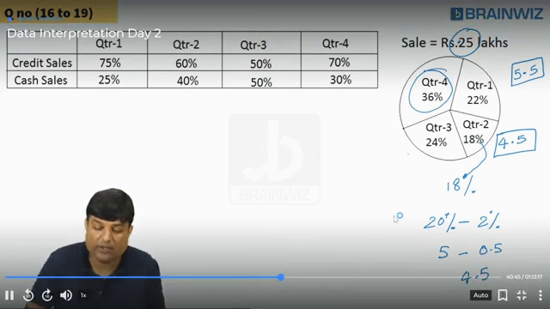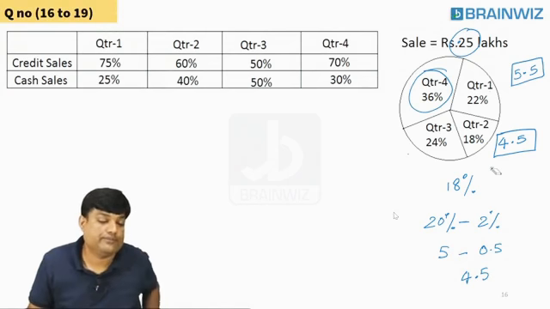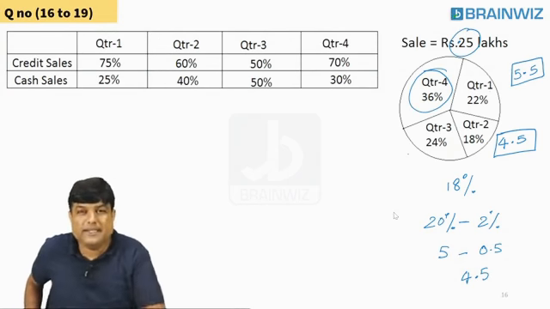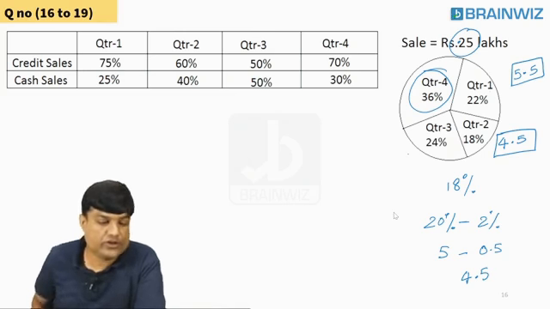I would like to ask you how to find out this fourth quarter. All the calculations I am doing from my side. You are just viewers, you are just watching.